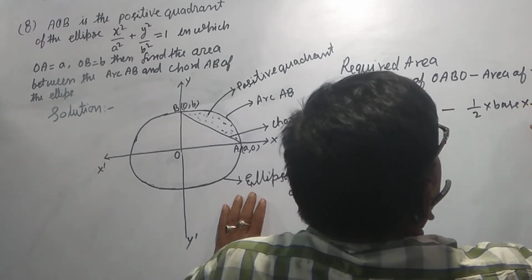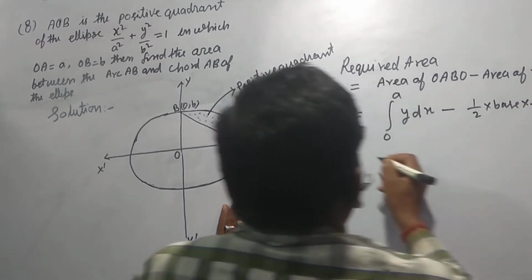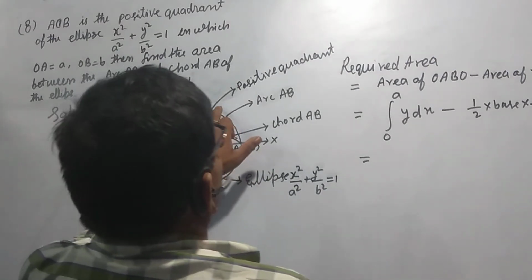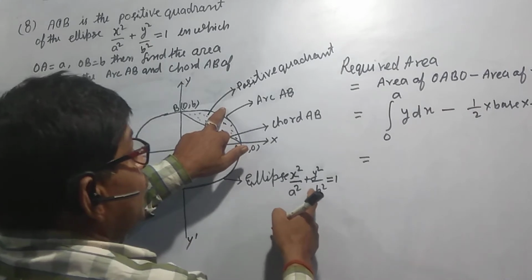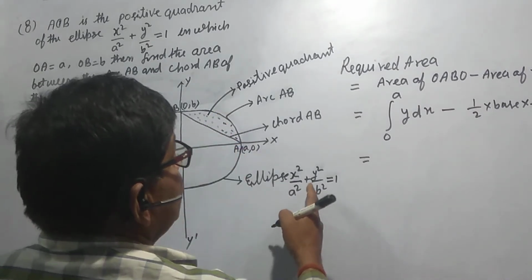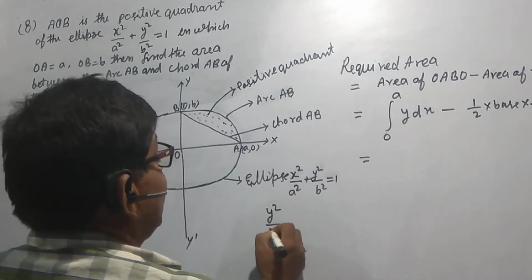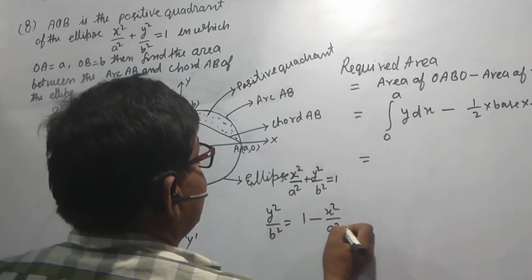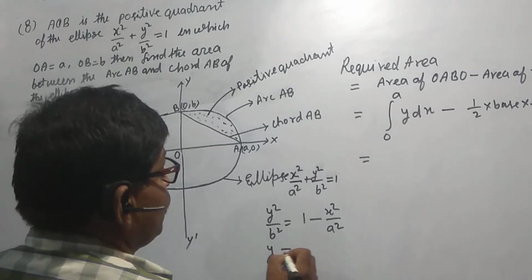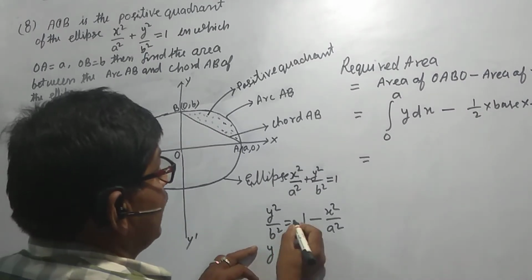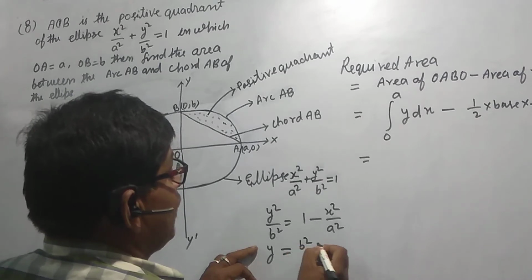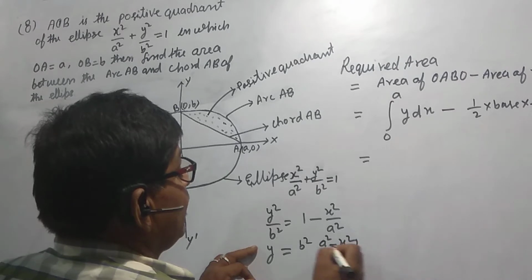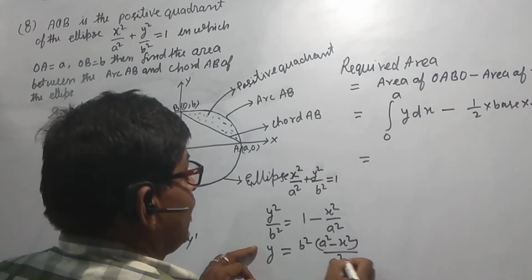In this case, to find y of this curve, y square by b square equals 1 minus x square by a square. So y square equals b square times a square minus x square, divided by a square.